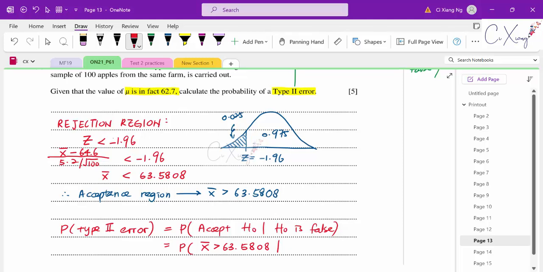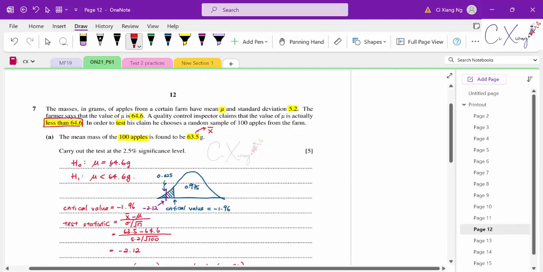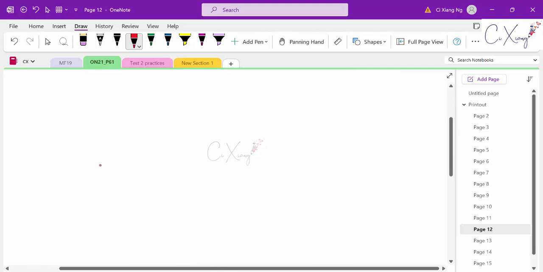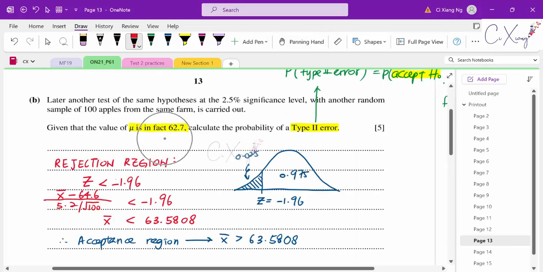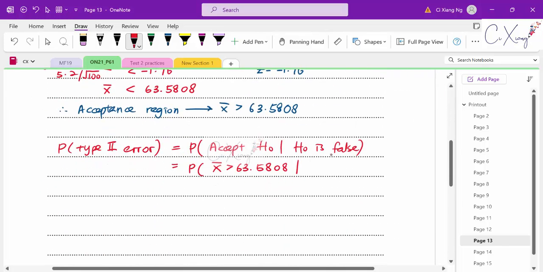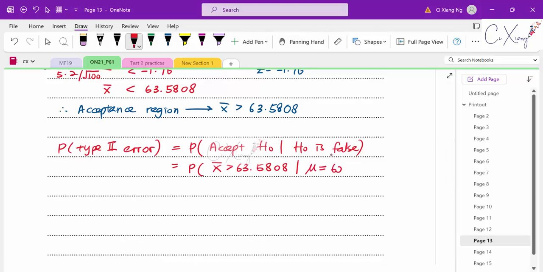Null hypothesis is false, which means your null hypothesis is not correct. The mean cannot be 64.6 anymore; it should be less than 64.6. But to calculate the answer, they will give you a new value for the mean, which is 62.7. So you cannot use 64.6 anymore in your calculation; you have to use 62.7. Therefore, in type 2 error, they will definitely give you one value for mu, which is needed for the calculation of the error.